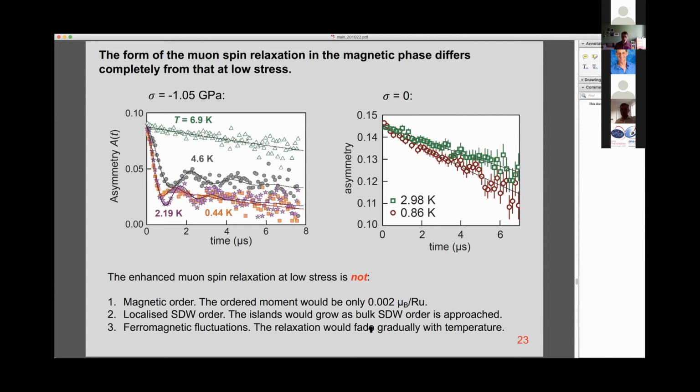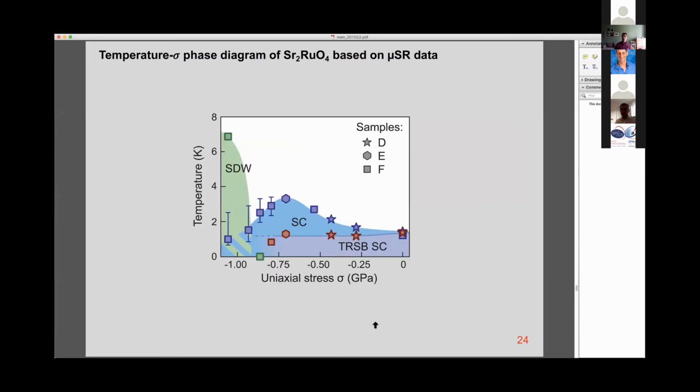Another potential hypothesis is ferromagnetic fluctuations. However, ferromagnetic fluctuations fade very slowly as you raise the temperature, whereas, as I showed you before, what we really see is this transition-like onset. So here's the phase diagram of strontium ruthenate from muon spin rotation.